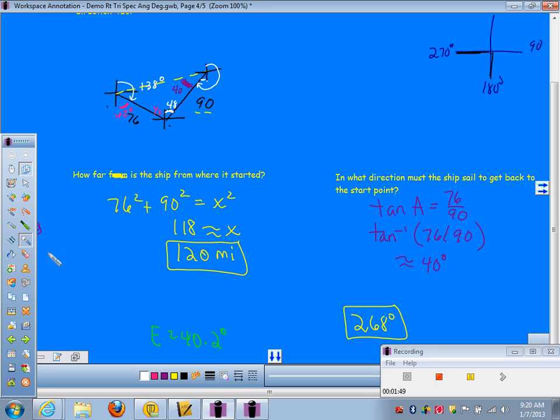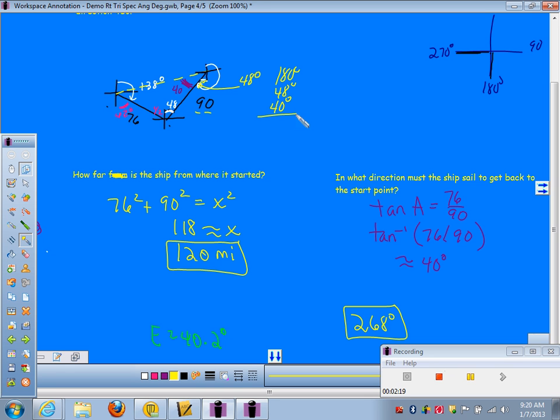Why is it 48? Alternate interior angles again. So yeah, that angle right in there is 48 degrees. So I actually know then that I have 180 degrees to the bottom line, plus 48 more, plus the 40 more we just found.